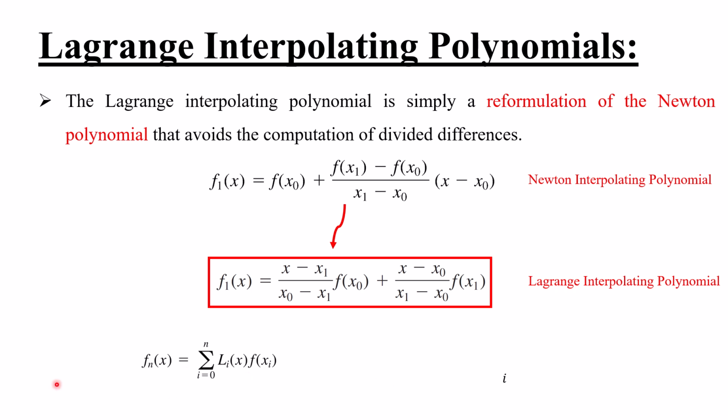Because this is the Lagrange interpolation, that's why we use capital L to represent them. So it says that this is actually a multiplier. What are the multipliers? The product over j equal to 0 to n of x minus xj divided by xi minus xj. So this is the main idea where you can calculate the points.